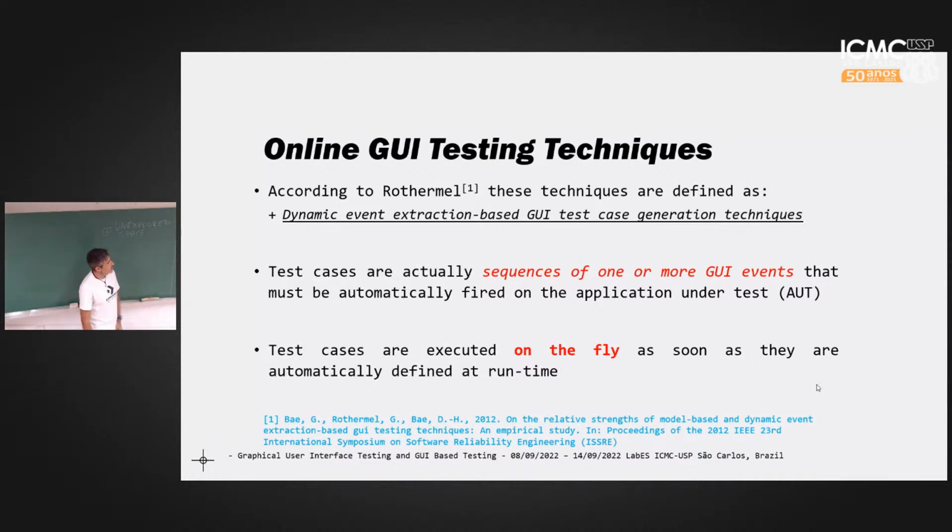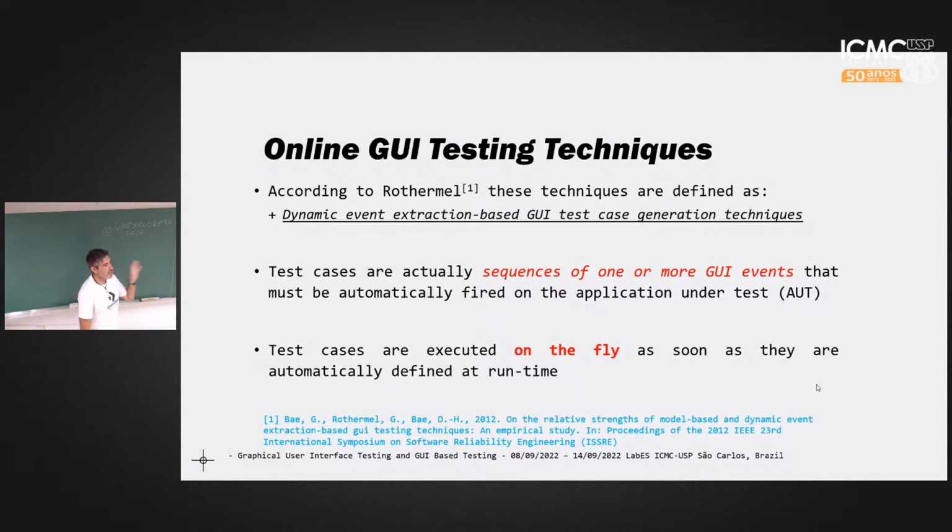According to Rothermel, these techniques can be defined as dynamic event extraction-based GUI test case generation techniques. And after this slide, we understand why they are called that. I believe I told about this point billions of times during my presentation.